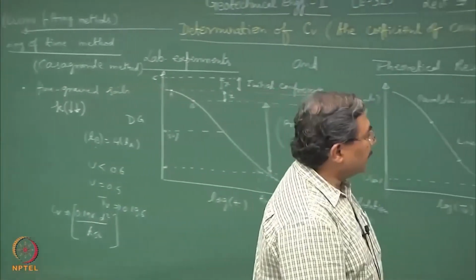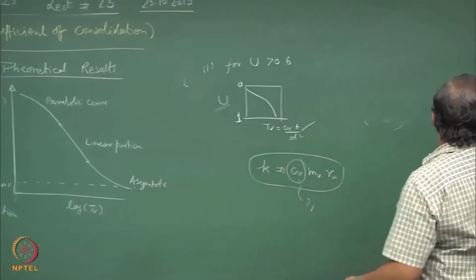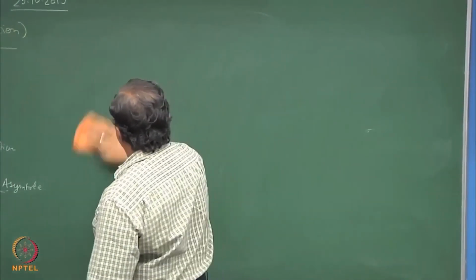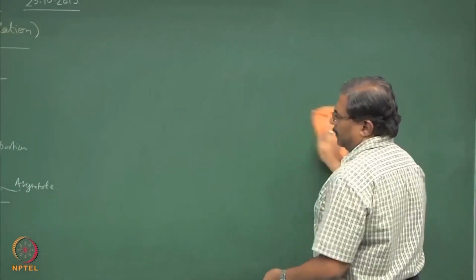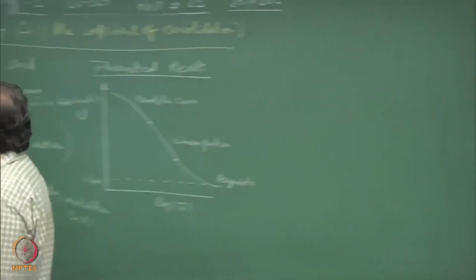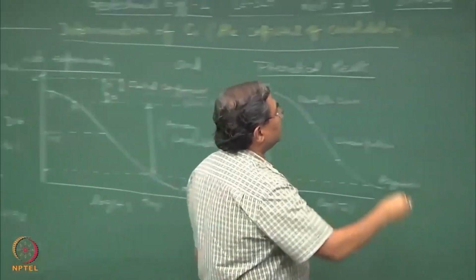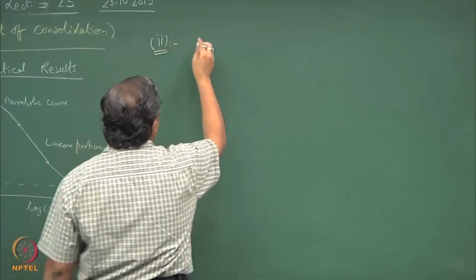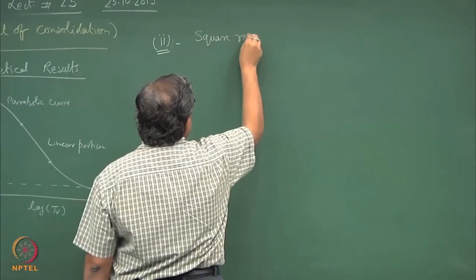The second method is known as the square root method, a square root of time method. So, this is the first method of curve fitting to determine the CV value, and the second method is the square root of time.